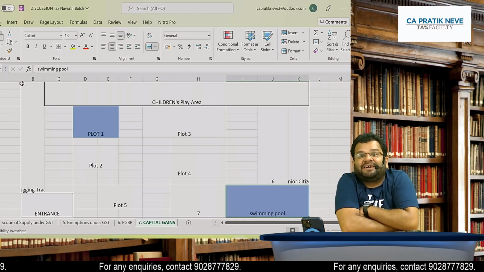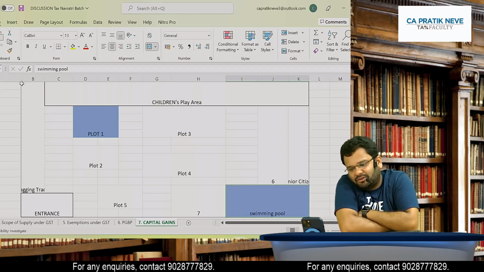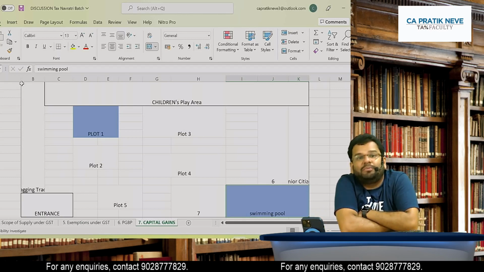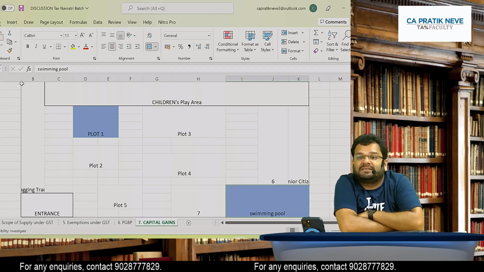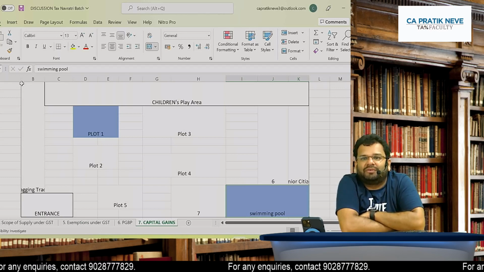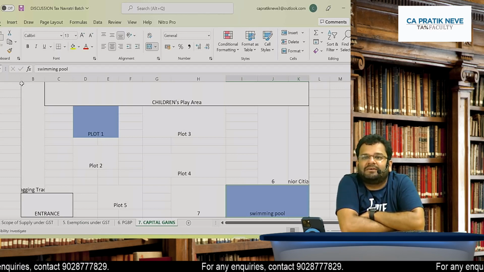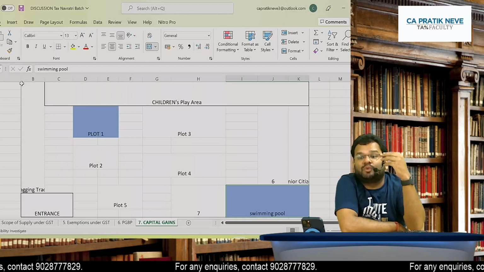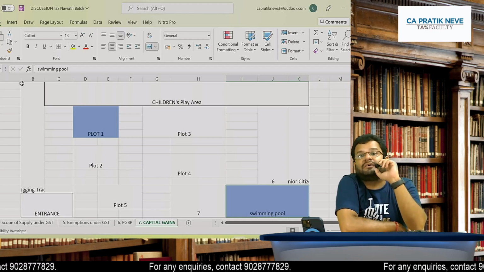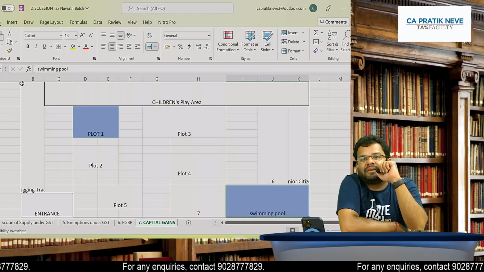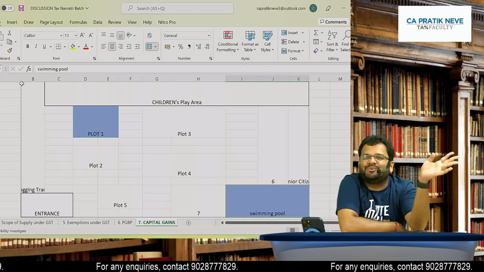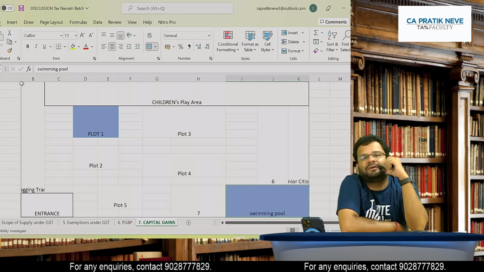This is the most critical question. Very good. 16-17. Some people are saying 15-16, but they want to say 16-17 only. Means when it is converted into stock in trade, and not 21-22. Very important.